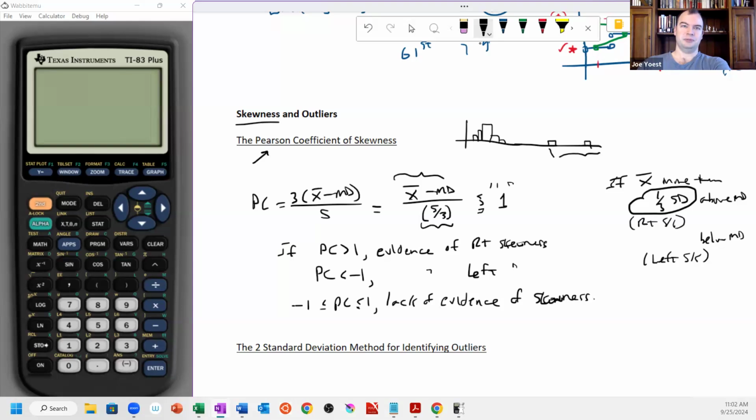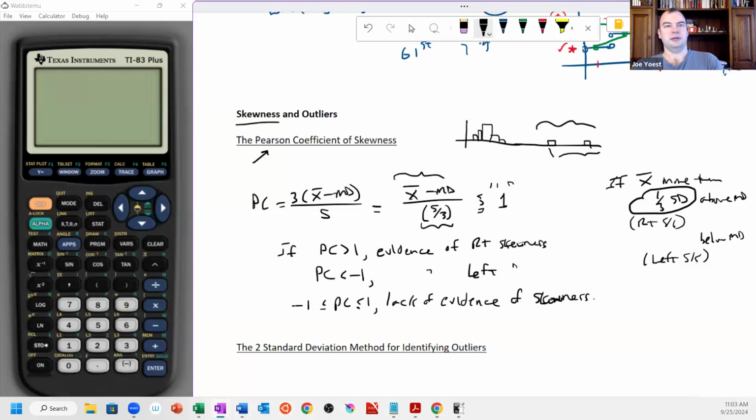Now, would a person look at the data set, look at the histogram, look at how the measures of center line up, and look at the Pearson coefficient, and think that all those things agree? Well, that's subjective, right? Maybe I think this is a right skewed data set, but the Pearson coefficient comes out to be 0.95, and it says lack of evidence of skewedness.